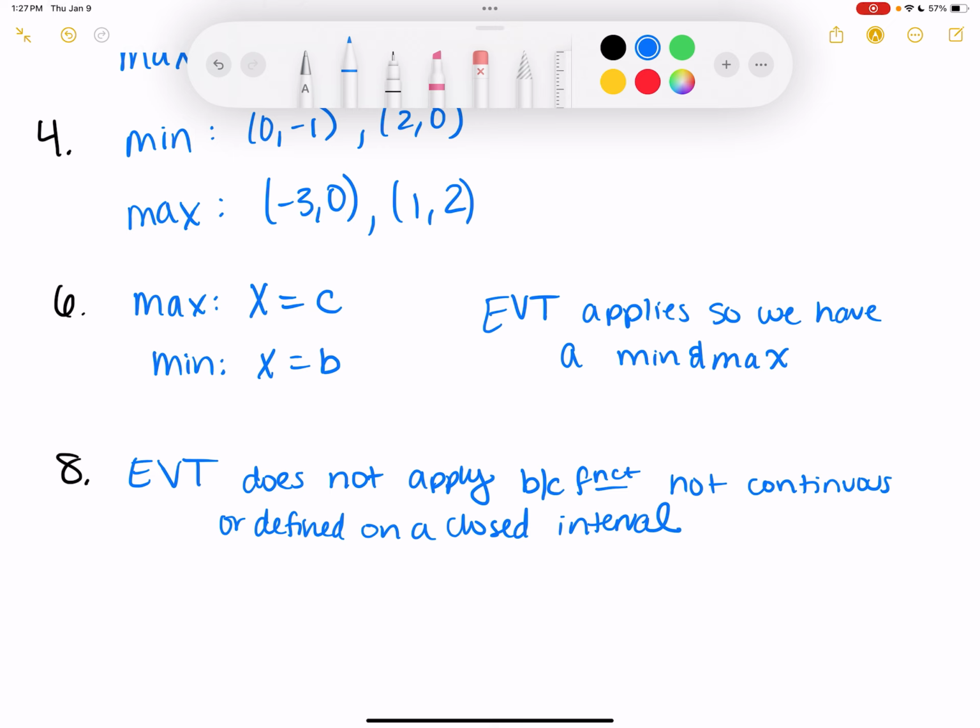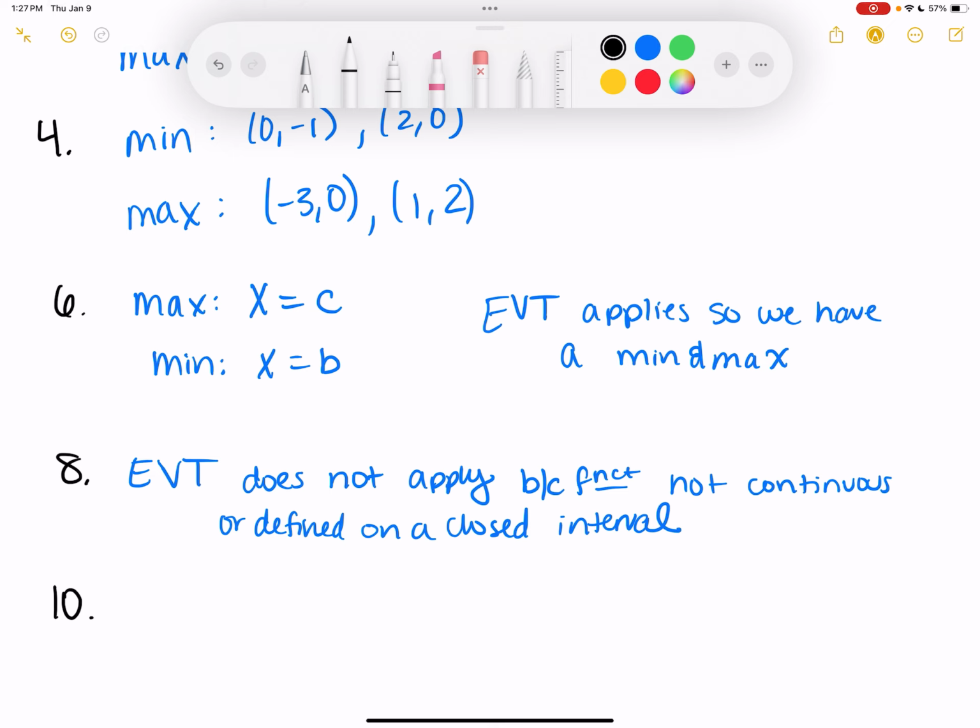So the next problem, number 10, what do you notice about that one? It's one of those cusp dudes. Yes. So what does that mean? Is it continuous?